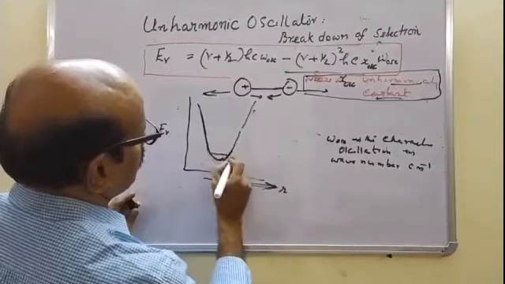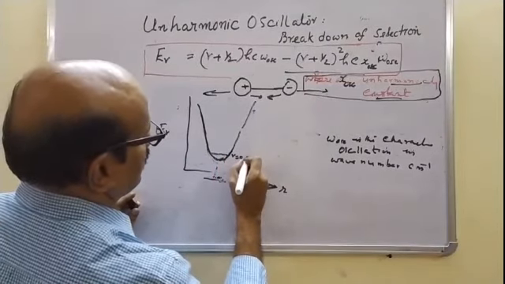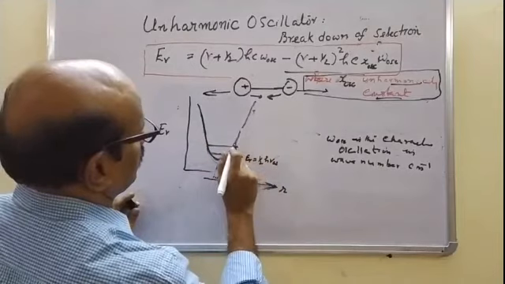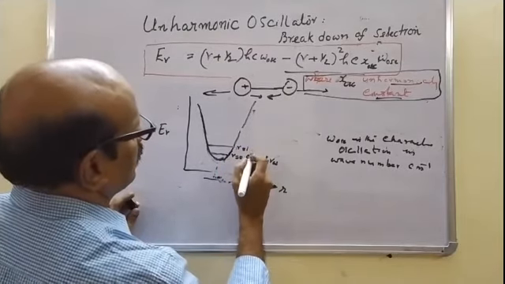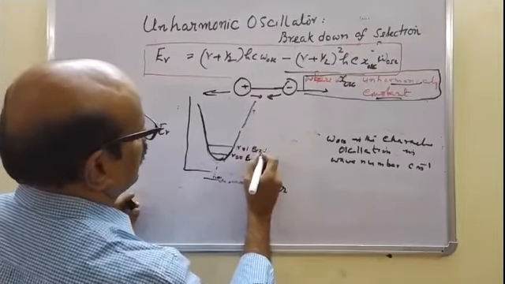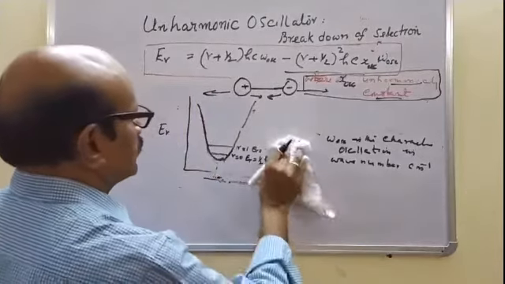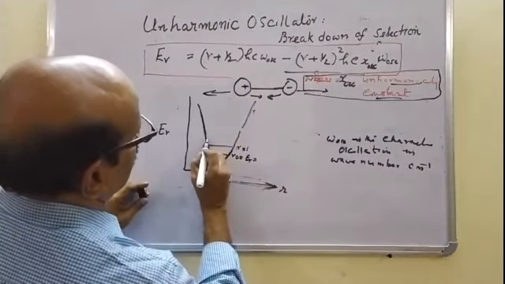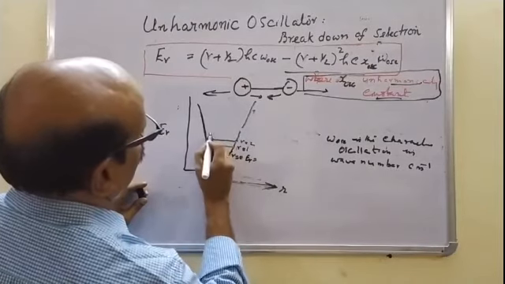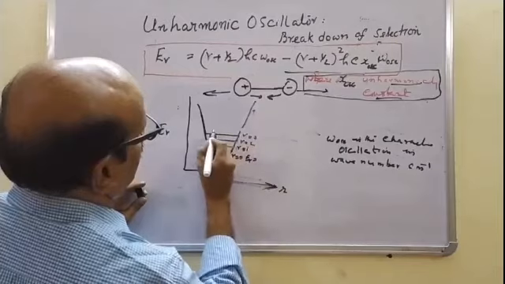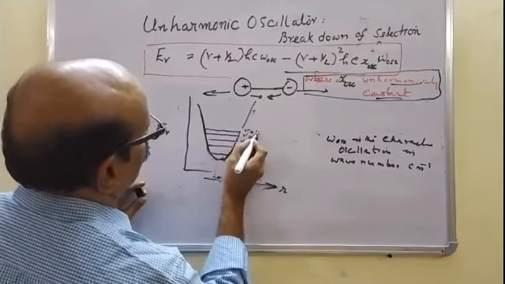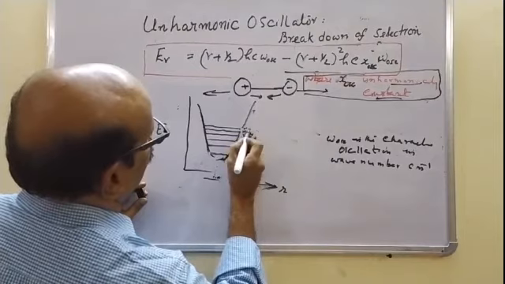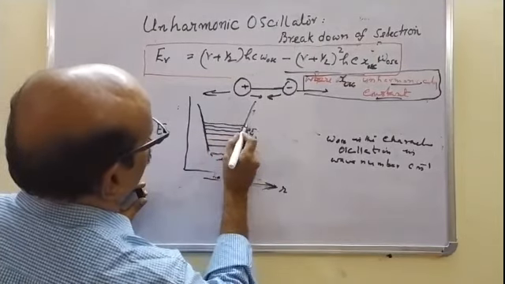So this is nu is equal to 0, with energy E nu equal to half H nu oscillation. Then nu is equal to 1, E nu is equal to 3/2, then nu is equal to 2, 3, 4, 5, 6.